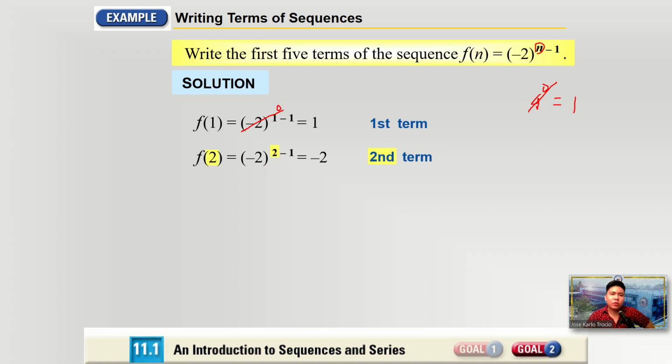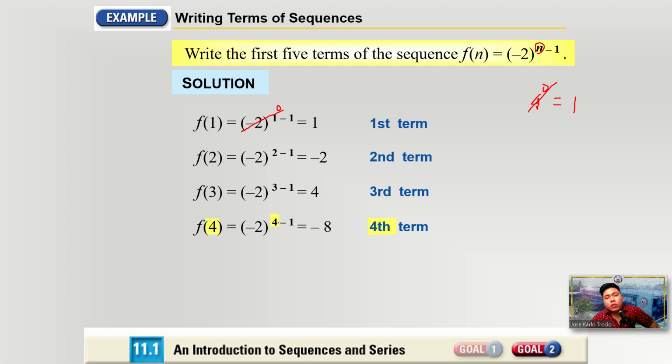So -2, okay, 2 minus 1, that is 1. Negative 2 raised to the power of 1, still negative 2. Negative 2 raised to the power of 2, that is 4. Negative 2 cubed, rather, negative 2 times 2, 4. 4 times 2, 8. 5 minus 1 is 4.